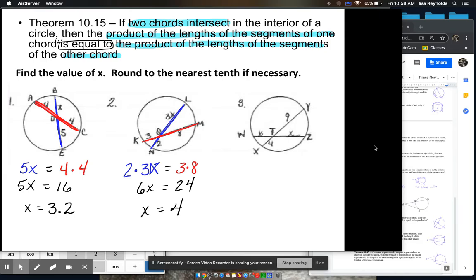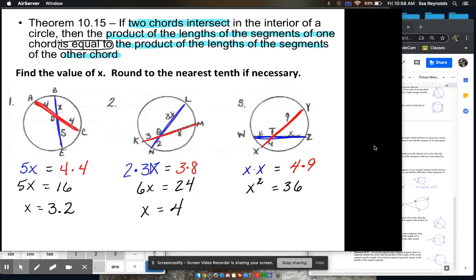Once again, two chords. We take the two pieces of our first chord and multiply them together. We take the two pieces of our second chord and multiply them together. And these two products are equal. x times x, remember, is x squared. 4 times 9 is 36.